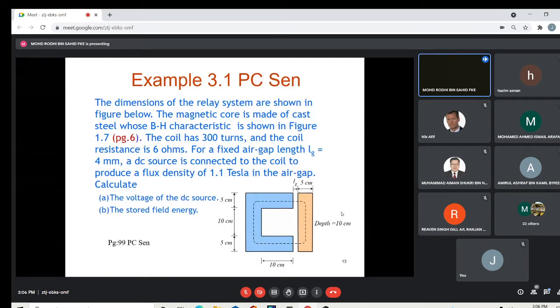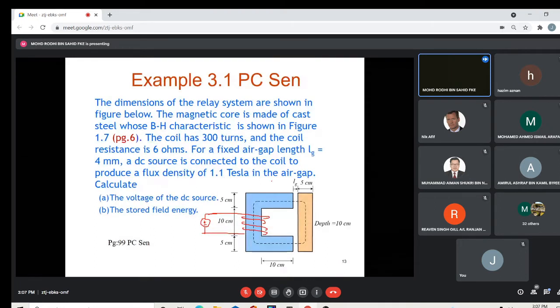For a fixed air gap length equal to 5 mm, a DC source is connected to the coil to generate flux in the core, to produce a flux density of 1.1 Tesla in the air gap.